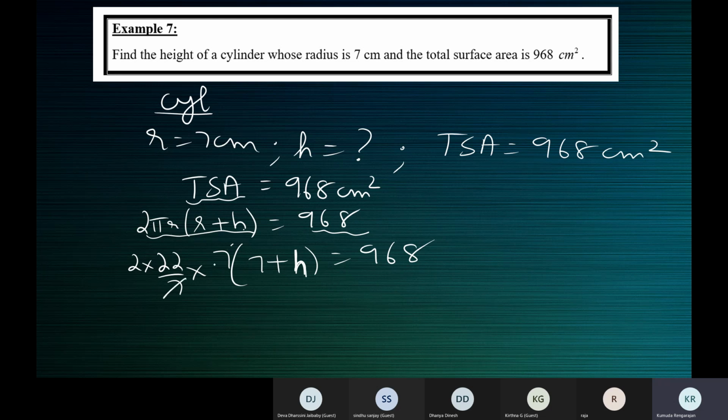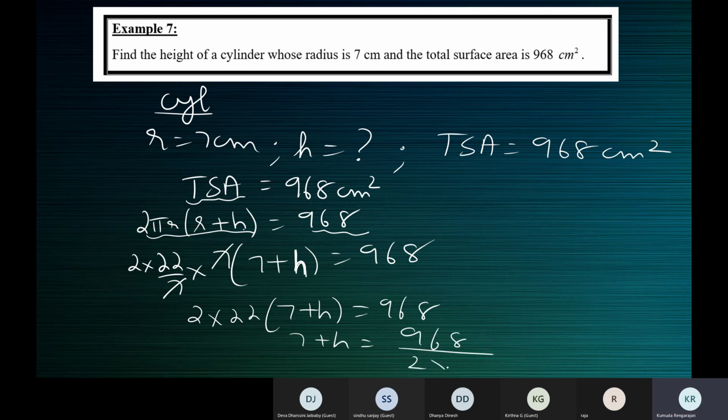Let's see. So 7 gets cancelled, and we have 2 into 22. You can even multiply or have it as 2 into 22 into 7 plus h. You can write it as 44 also. So 7 plus h is equal to 968 divided by 2 into 22. 2 fours are 8, 2 eights are 16, and 22 times 22 is 484.